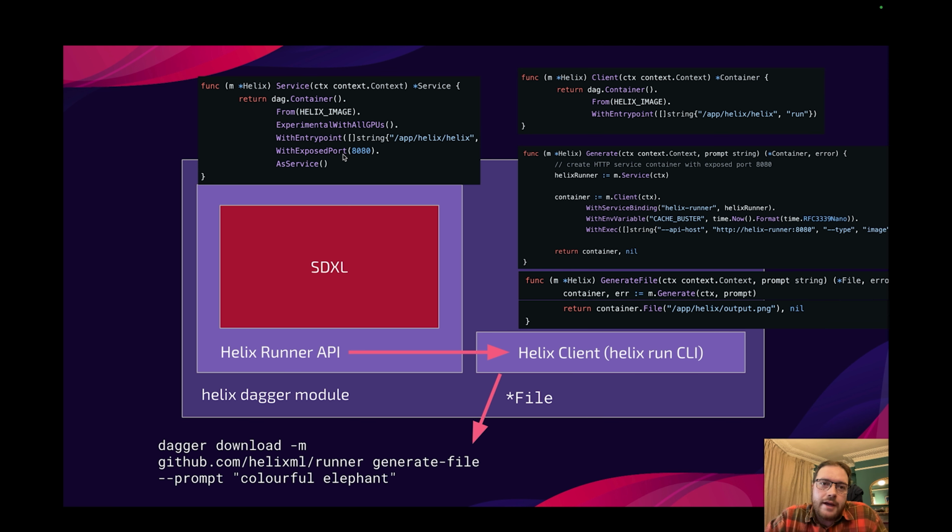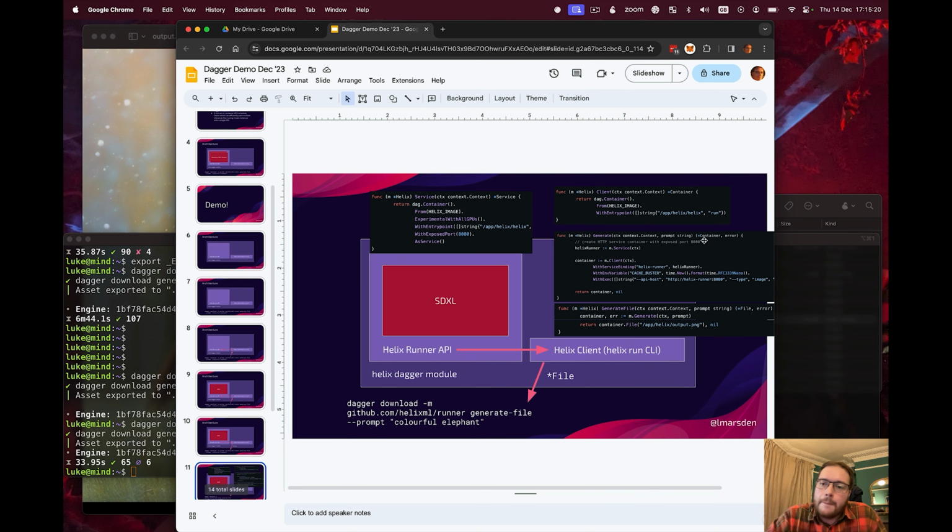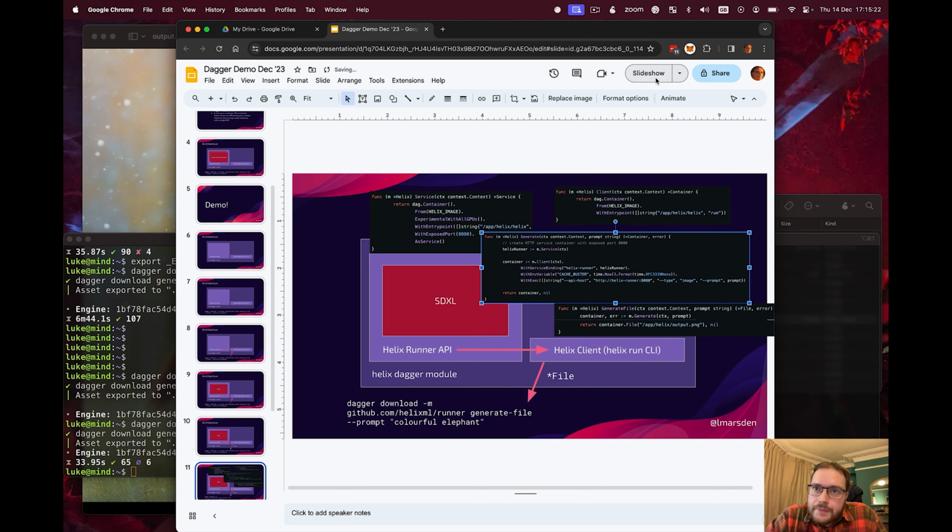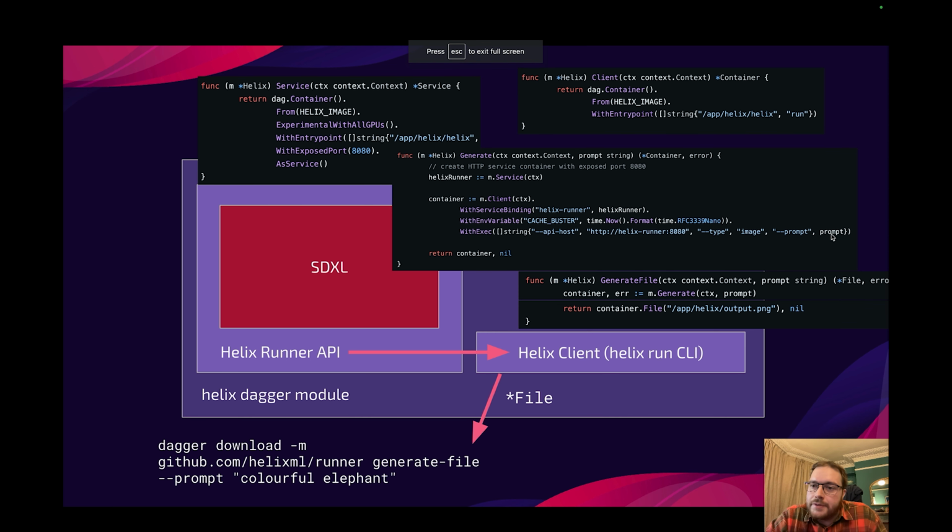So it's like, give me access to this service on this exposed port, and then the client says, I need to bind to that Helix runner service, and then I bust the cache so that I get a new result every time. Then I say, run this client, and you can't quite see the text that rolled off the end here, but it's run the client with the prompt, which in this case was colorful elephant. And that's how it all works.